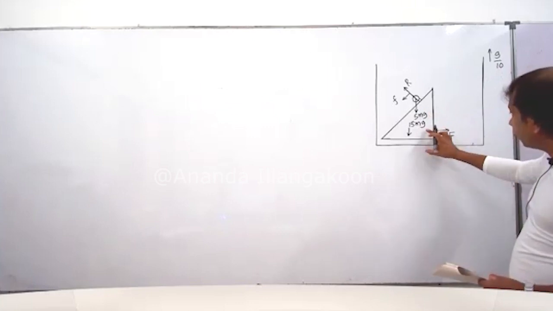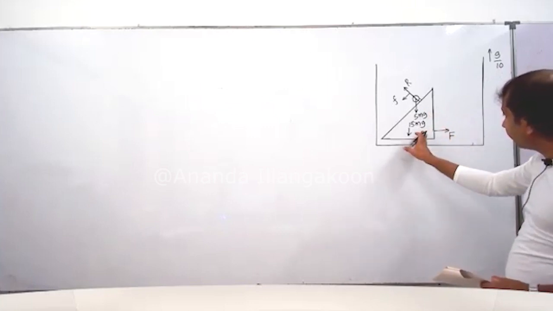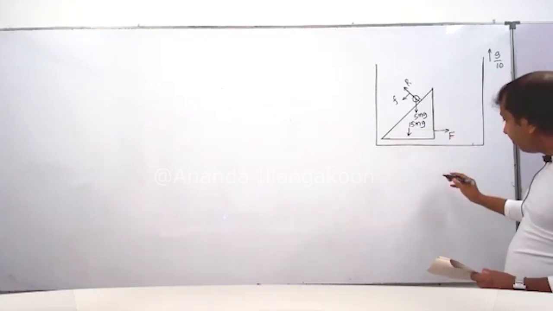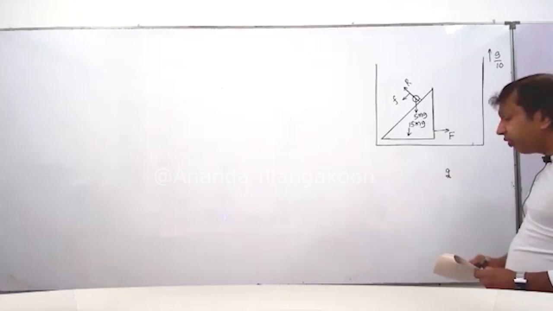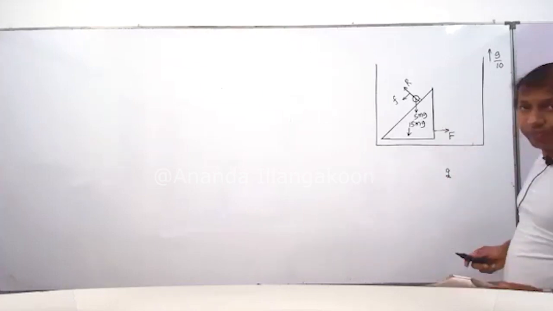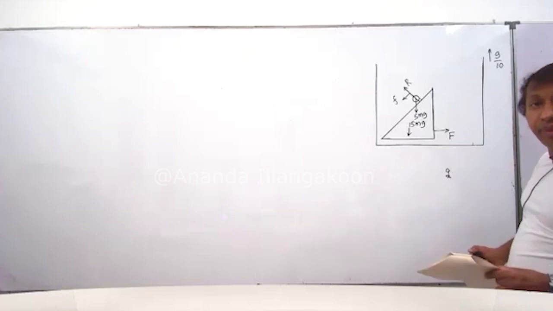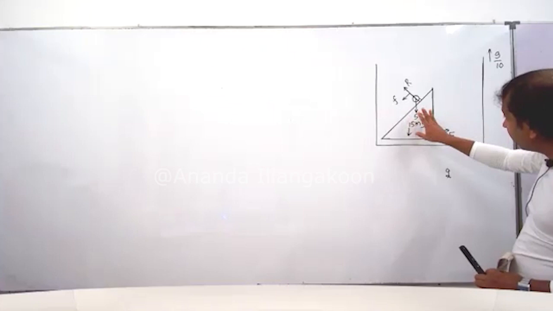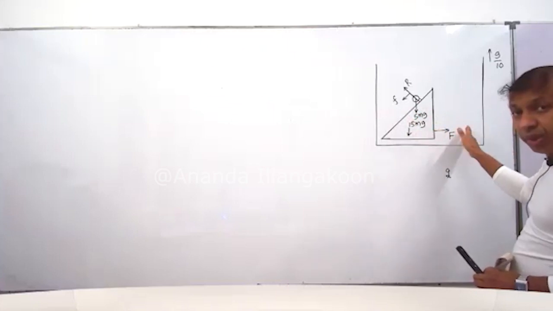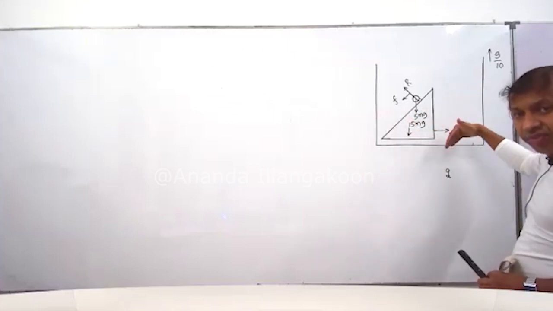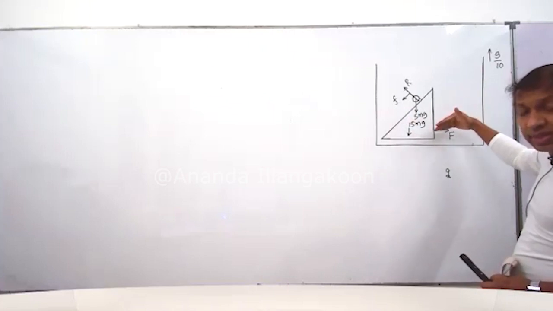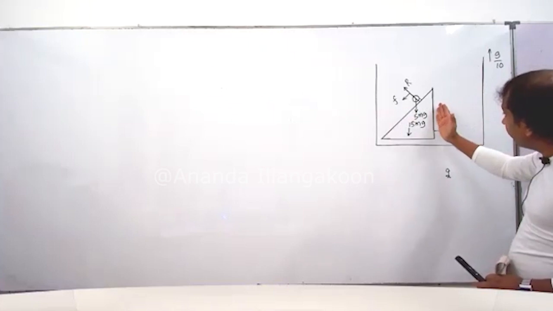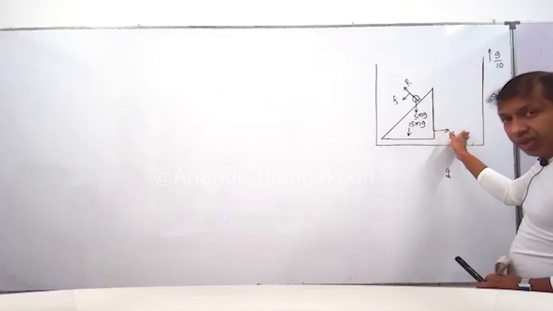That fly can see this wedge is moving in this direction with acceleration F. Now suppose on the ground another observer observes this. Then the observer can see the wedge is moving rightward with acceleration F.